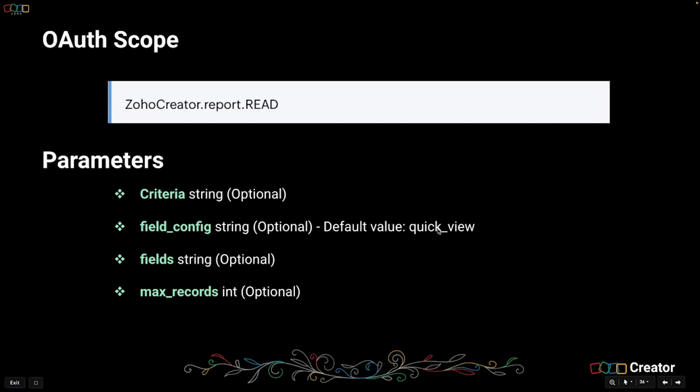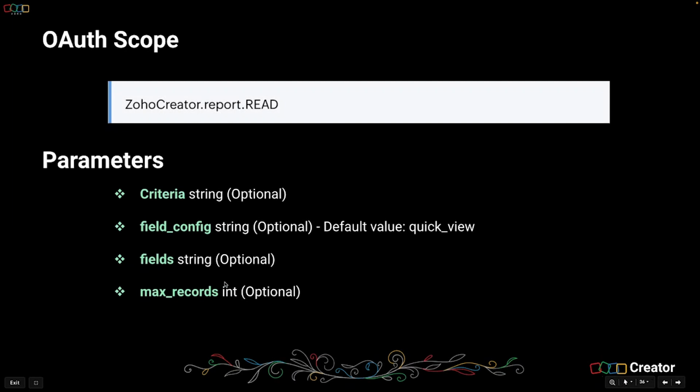If you wanted to fetch the detailed view of the report, you can mention detailed view. If in case you wanted to fetch all the fields that are available in a certain form, then you can mention it as custom. And then we have the fields, which is also an optional parameter. All the required field link names as individual comma separated strings will be listed out.